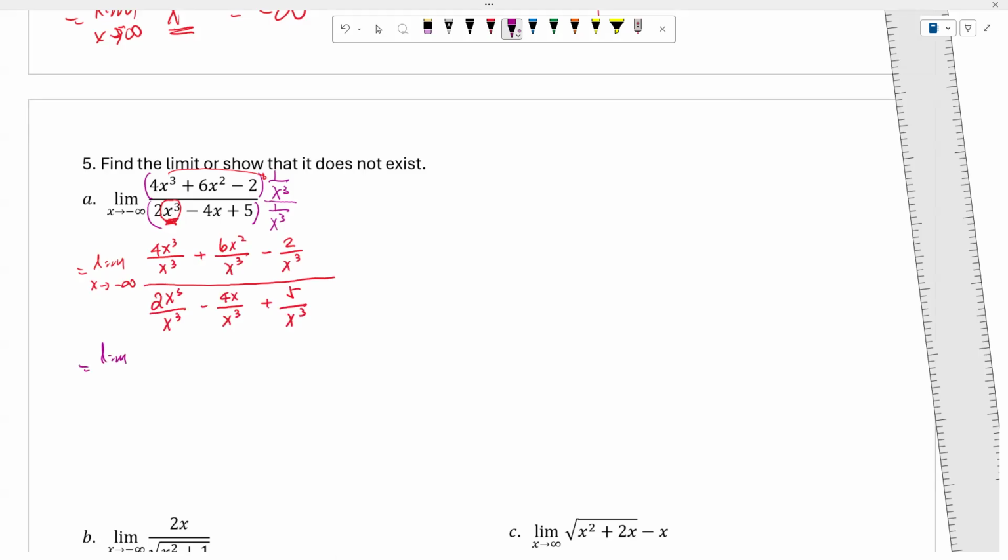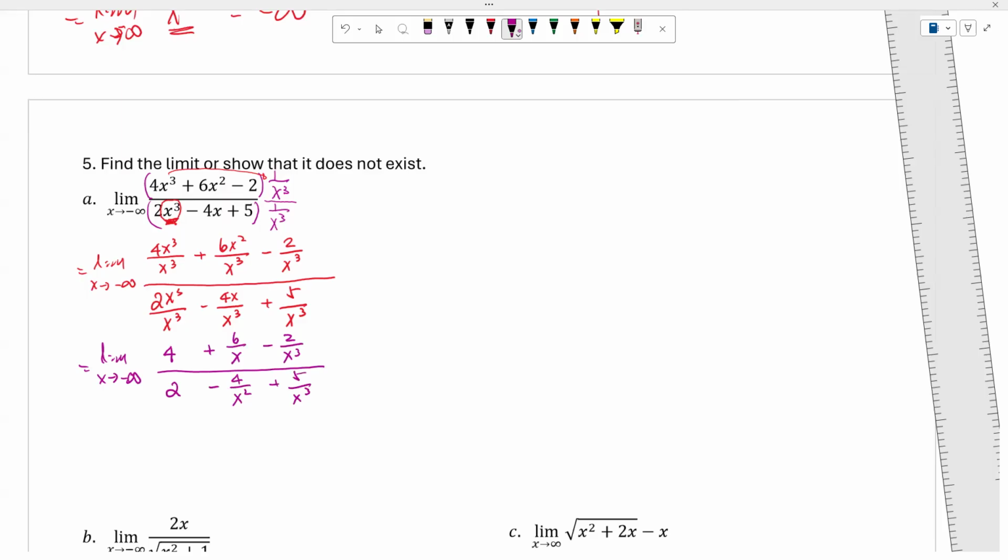And now we can take the limit as x approaches negative infinity. Then I will have 4 plus 6 over x minus 2 over x to the power 3, divided by 2 minus 4 over x squared plus 5 over x to the power 3.